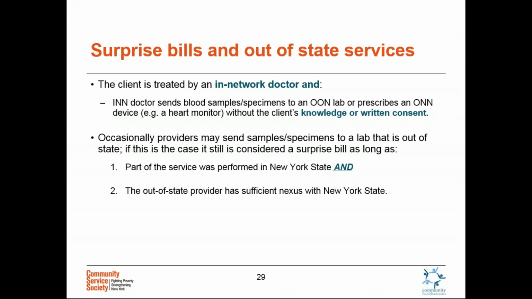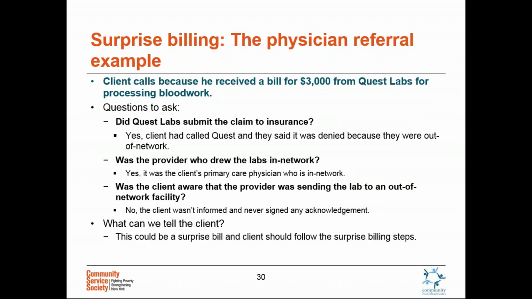And there is a sufficient nexus to New York because the New York doctor regularly does business with an out-of-state lab. As you can probably imagine, there are many cases where they don't meet this two-part test, and clients are often not protected when they receive out-of-network services out of state under the surprise bill law. But other protections against balance billing may apply.